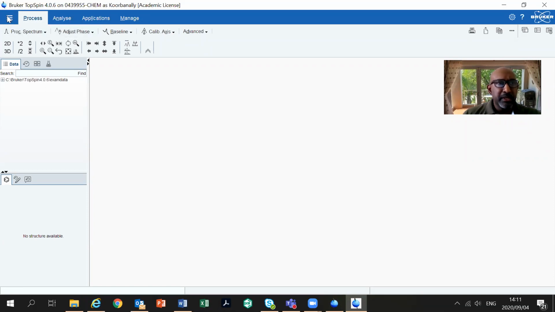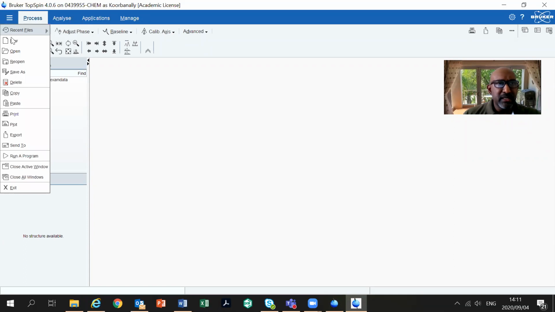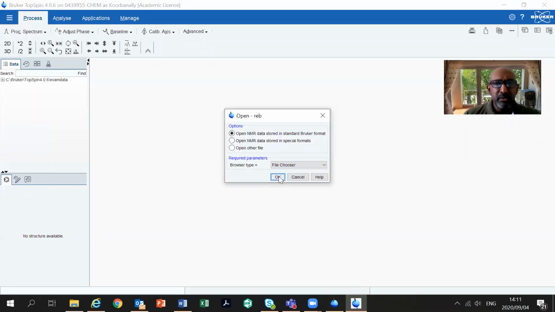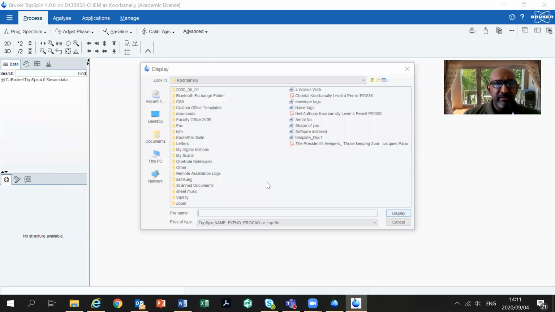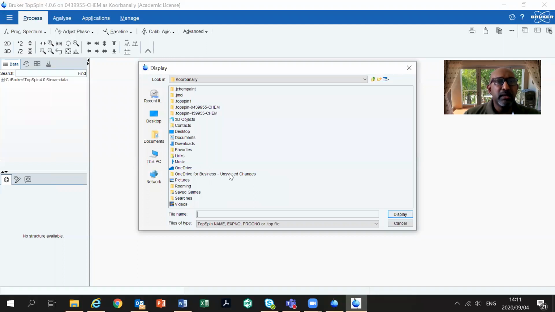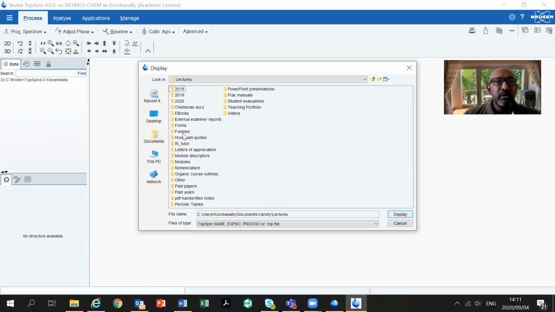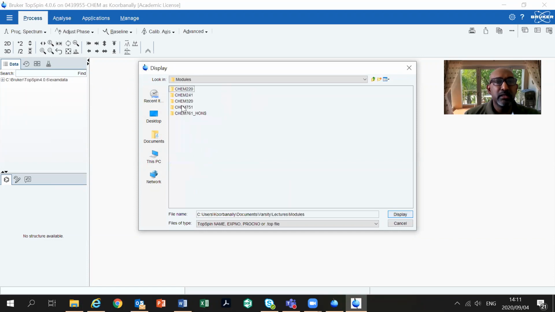Right, so I'm going to jump straight into the 2D stuff. Now remember yesterday when I was talking, I said I ran 5 experiments for a particular compound, and I saved it in my teaching portfolio, under 751, because that's the module that I teach you for.